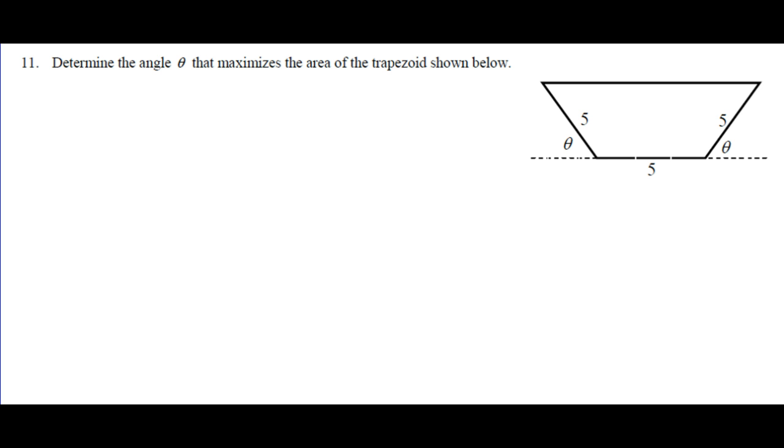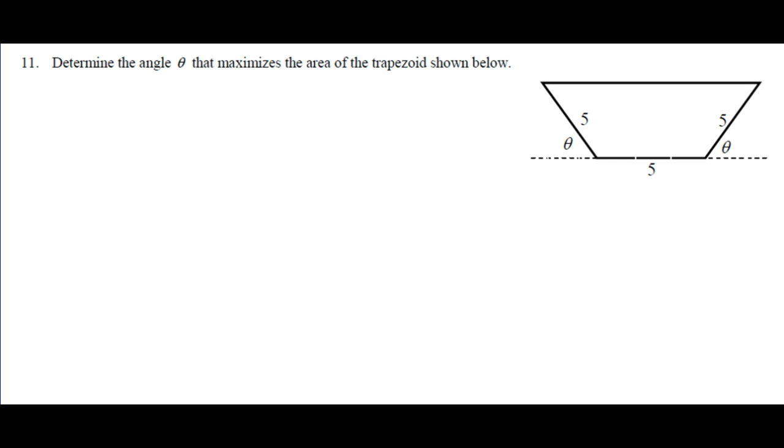Next up, determine the angle theta that maximizes the area of the trapezoid shown below. Trapezoids. It's got 5s. At one point I changed it to 10s. It makes the numbers slightly different, but it's no real difference.